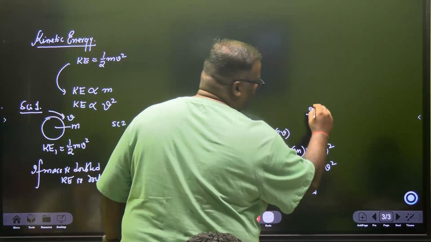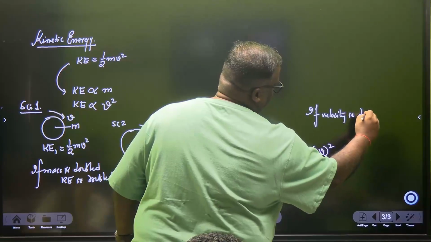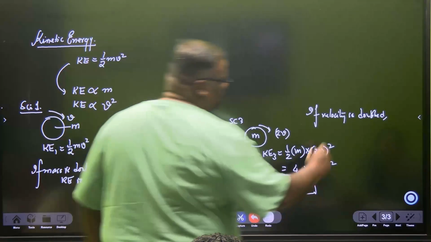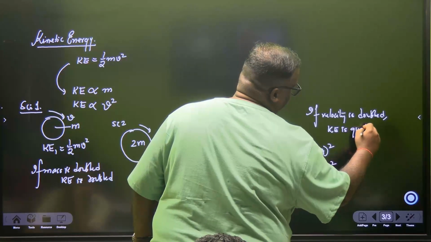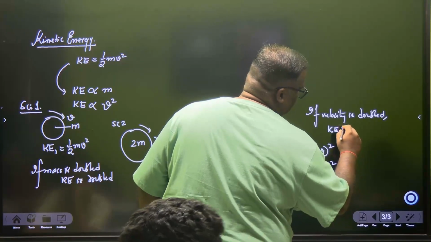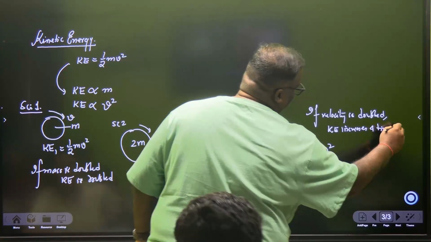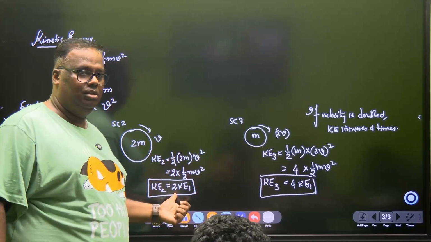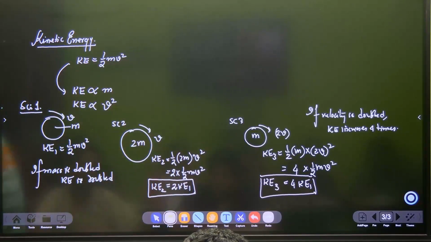If velocity is doubled, Ke is quadrupled, or you write Ke is 4 times. So if both of them are doubled, what will happen? See, if both of them are doubled, you will get a 2 from here and you will get a 4 from here. 8 times.